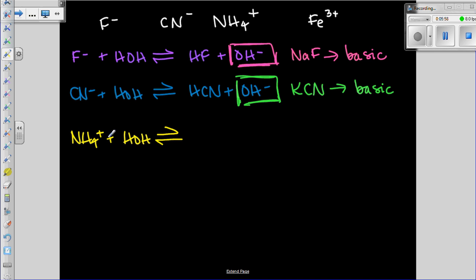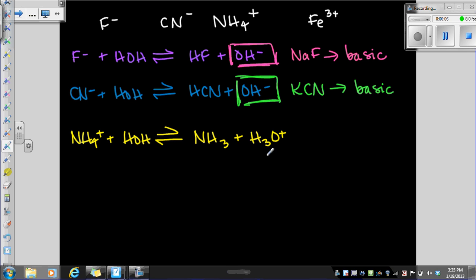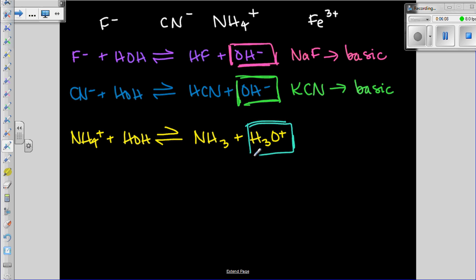If it loses one, it becomes ammonia, which you have seen. Okay, the formation of the hydronium ion tells me that ammonium is an acid, so that means that ammonium nitrate, which is used in fertilizer and explosives, is an acidic salt.